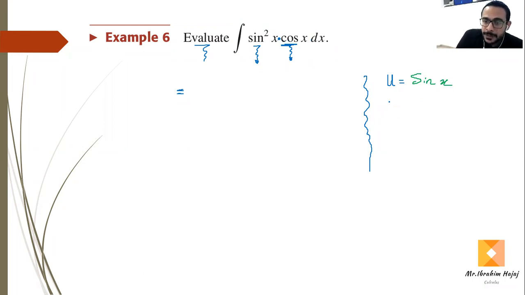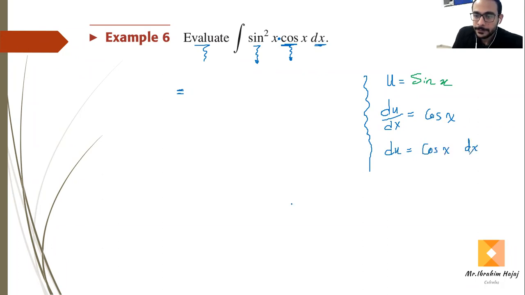U equal sine X. Let's try to find the derivative, du over dx. Yes, du over dx equals the derivative of sine, which is cosine. Is cosine the derivative? Yes, cosine. Be careful. Then multiply each side by dx.